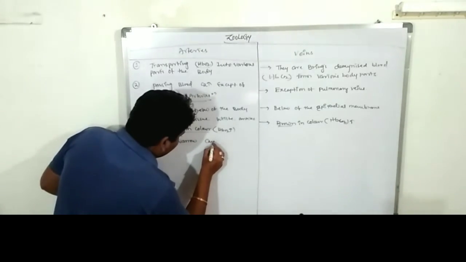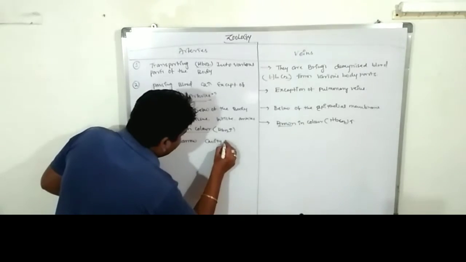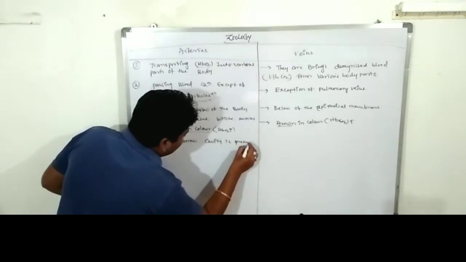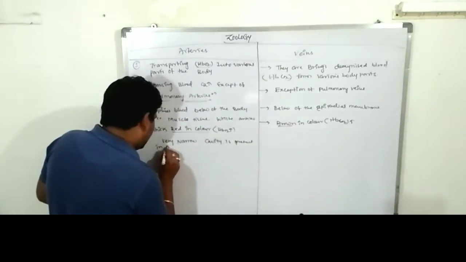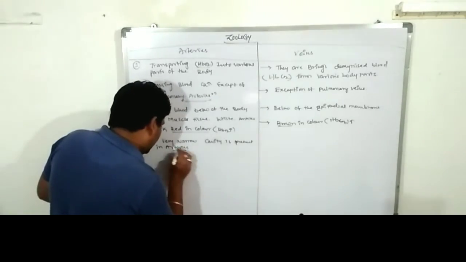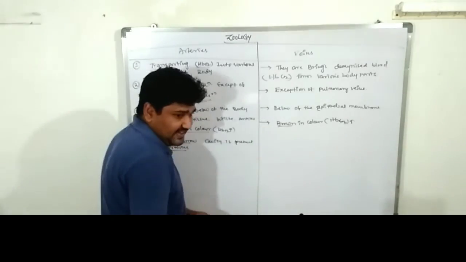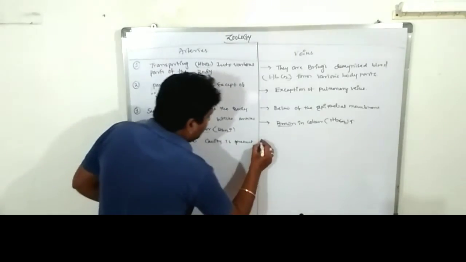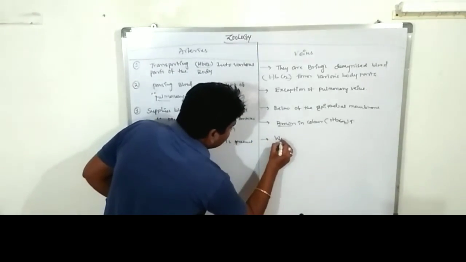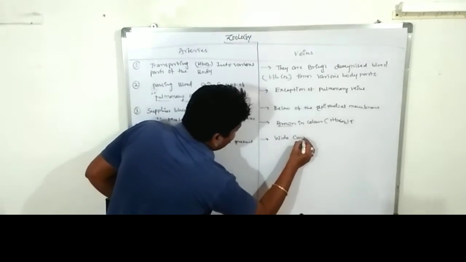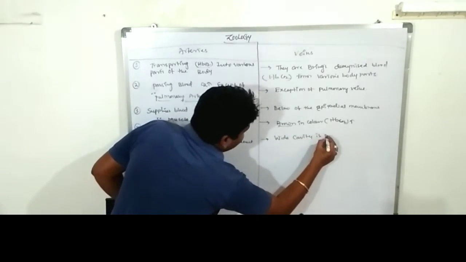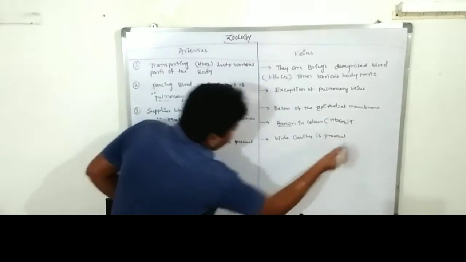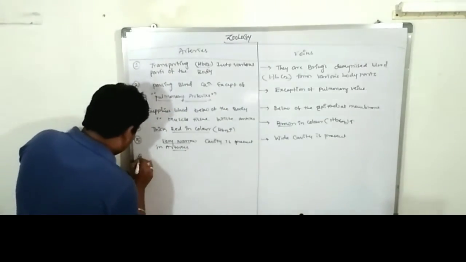You can write: a very narrow cavity is present in the arteries region, as we have already seen in the diagram. A wide cavity is present in veins. Clear?